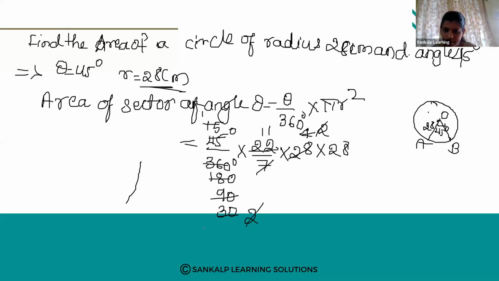So, what will you get? 11 into 28. So, if you do the calculation 11 into 28, you will get 308.